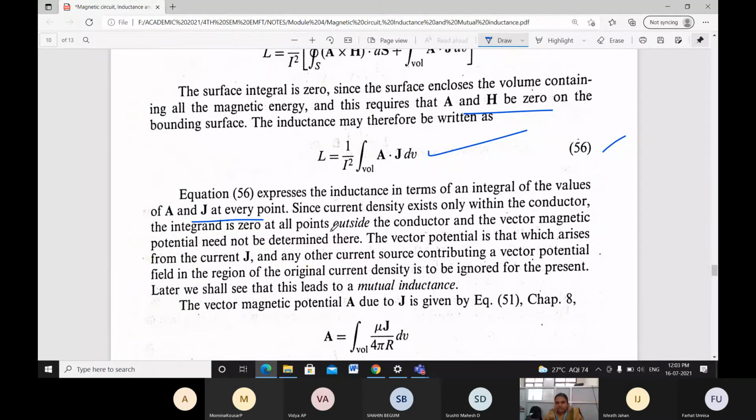The vector magnetic potential need not be determined everywhere; it's not required for us. The vector potential is that which arises from the current J, and any other current source contributing a vector potential field in the region of the original current density is to be ignored for the present case.